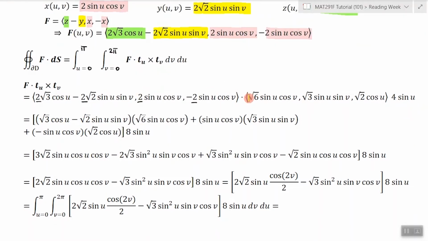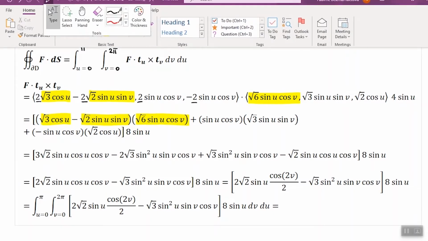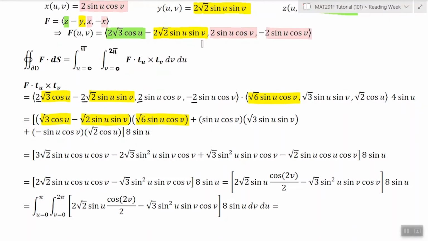So from this and this and this, I got this, this, and this. From this and this, I got this and this.